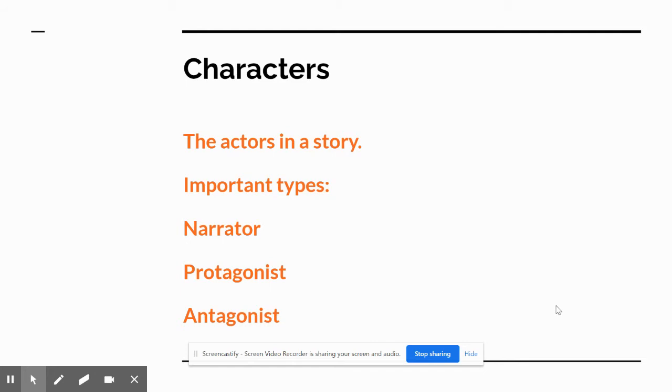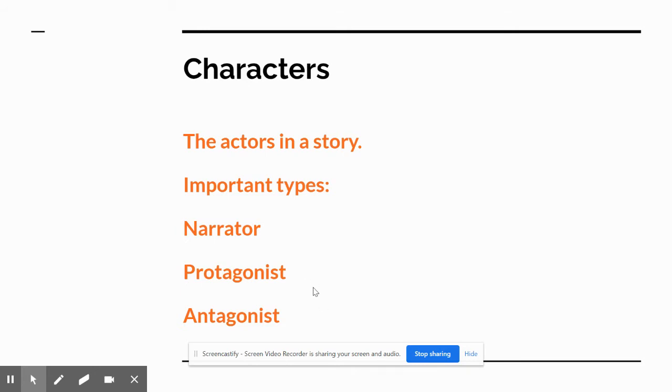A lot of times it's the hero, but sometimes the protagonist might not be very heroic. So the protagonist is essentially the main character in the story. The antagonist is the person going against the protagonist. Often they're the bad guy going against the hero, but again, you might not have a hero and bad guy situation.